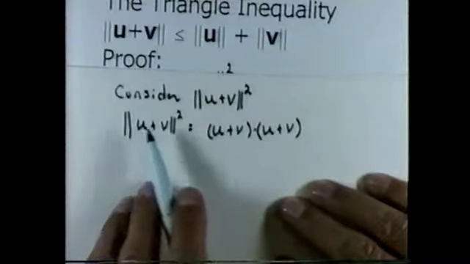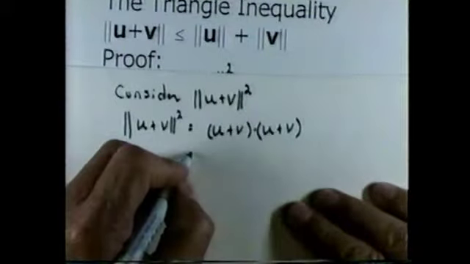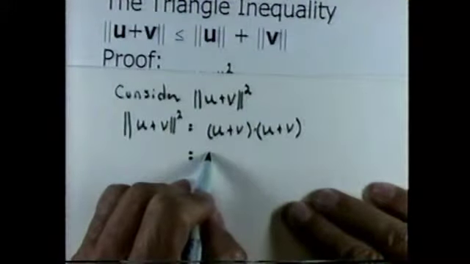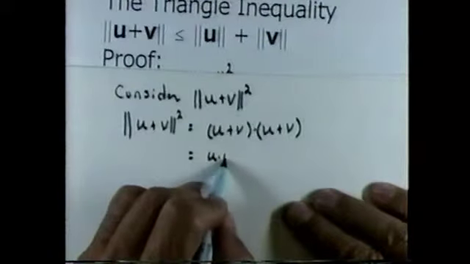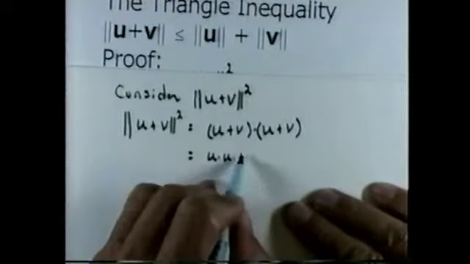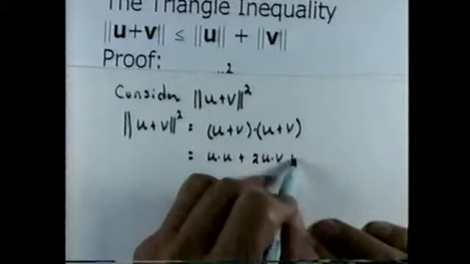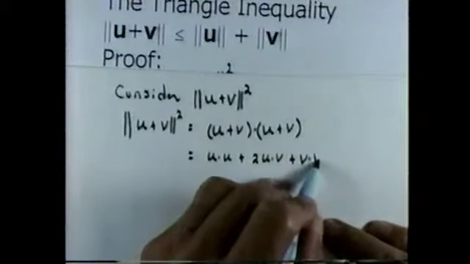Now that's using the property that we proved in the previous tape. Using properties of the dot product, we can write this as u dot u plus 2 u dot v plus v dot v.